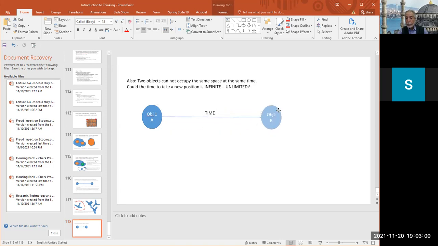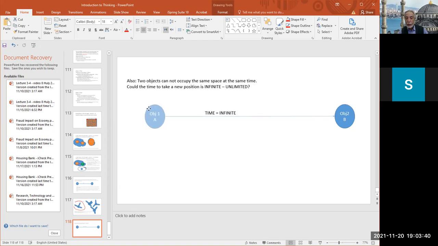If it moves here, the question is, what if the time equals infinity? Infinity means this object coming to this position will never end. That's infinite time. Have I arrived yet? No, you're still moving. So it will continue to be in absolute motion where its second position is undetermined.